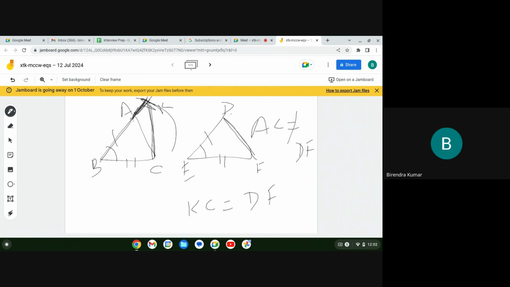Wherever it cut this line, I said, okay, that is K. Now, after doing that magic, we are saying that KC is equal to DF. Now let's look at triangle KBC and triangle DEF.